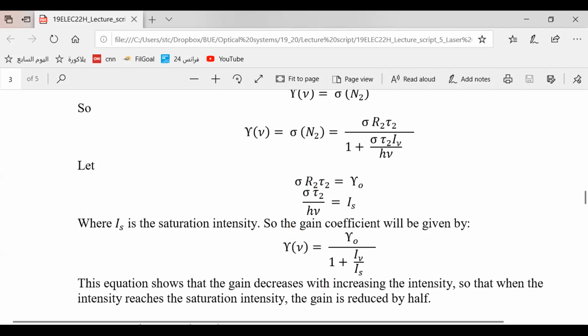I will try now, I hope I can make it, to plot this function with you. Now we have, oops, I am so stupid in drawing actually. So let me make it in a better manner. Okay, let's start with this.